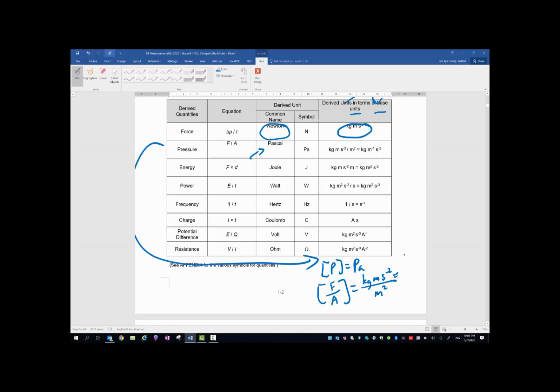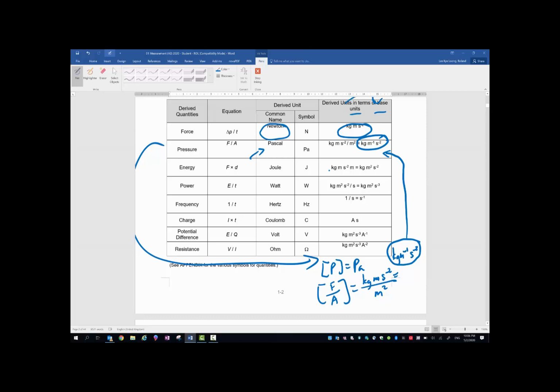So this together will become kilogram per meter per second square. Okay, so that becomes the unit of pressure in terms of the base units. So this is how you work it out. The examples for the rest are all here, so do try out yourself.